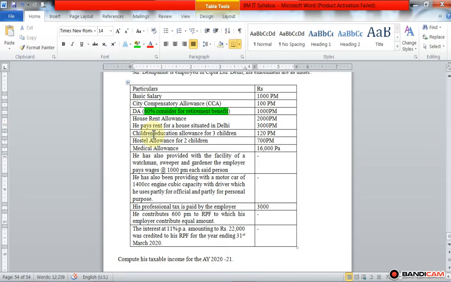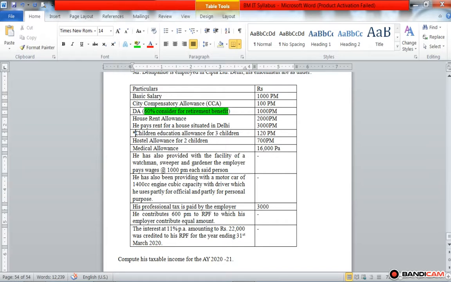Then children education allowance for 3 children. Make a star in front of children education because this allowance is partly exempted and partly taxable. So we have to remember the partly taxable and partly exempted allowances.